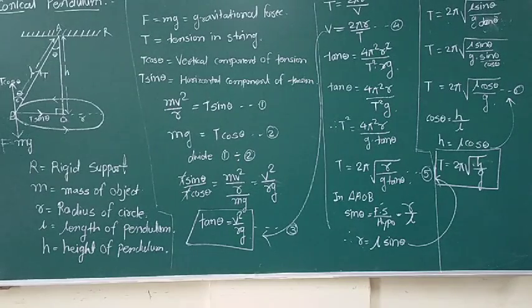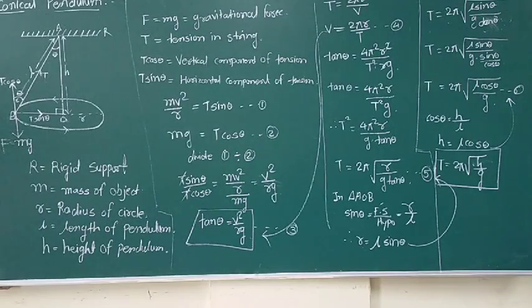Since the string is stretched, there will be a tension T. So T cos theta is the vertical component of tension and T sin theta is the horizontal component of tension. Now we see the centripetal force.